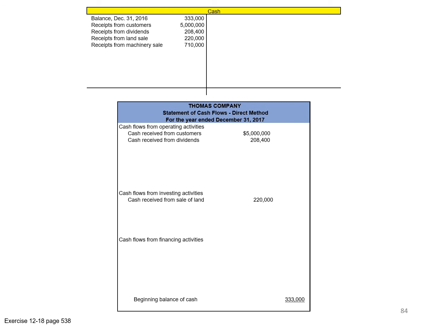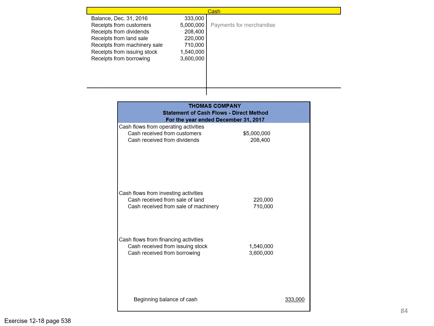Receipt from machinery sale is also investing. Receipt from issuing stock, that's a financing, right? Receipt from borrowing, where's that go? Financing as well, right?